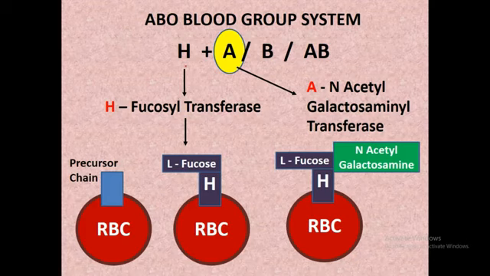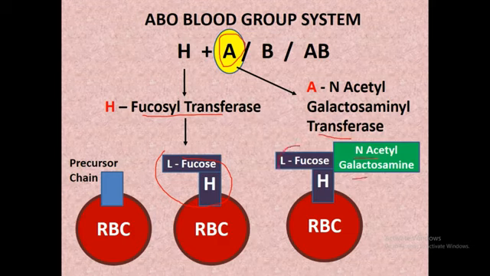Before the synthesis of antigen A or B, there must be the presence of H substance. The H gene encodes the enzyme fucosyl transferase, which transfers L-fucose to the precursor chain. So this H substance is formed. Now the person having the A gene, which encodes the N-acetyl galactosamine transferase enzyme, which transfers N-acetyl galactosamine to the H substance.